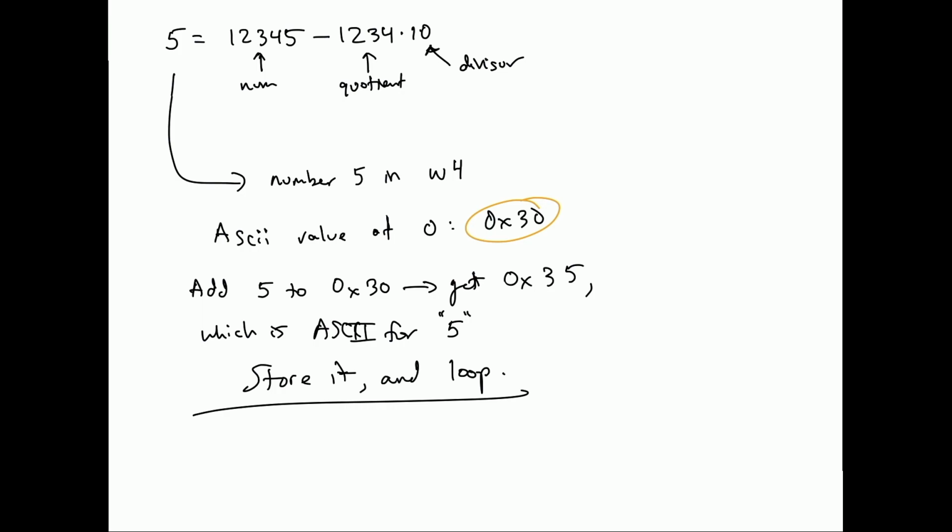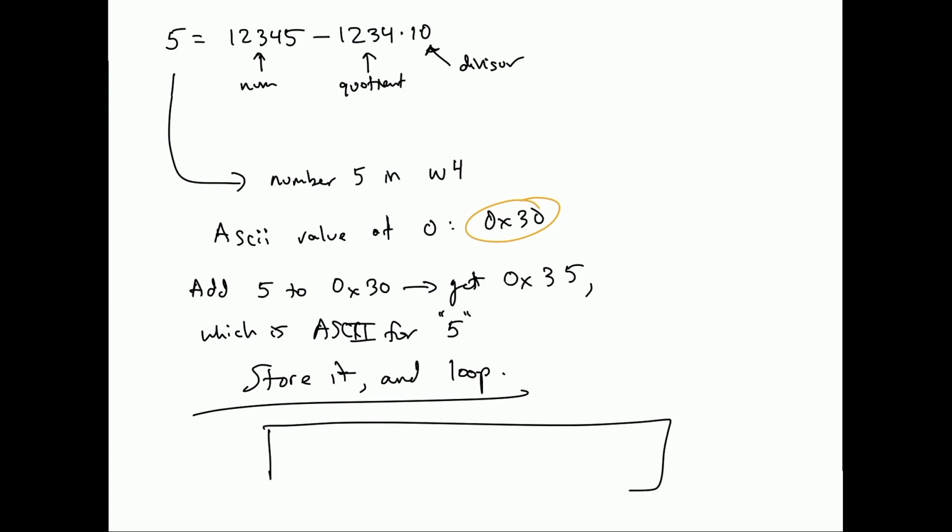Store it and loop. Here's the one problem, though, with storing it. Where am I going to store it? Stack, maybe allocate some space in memory. Okay, so I'll store it someplace. And let's say that here, let me draw out a segment of memory.